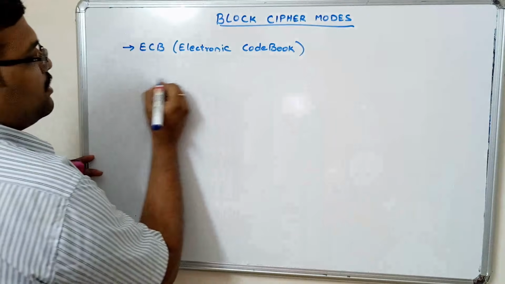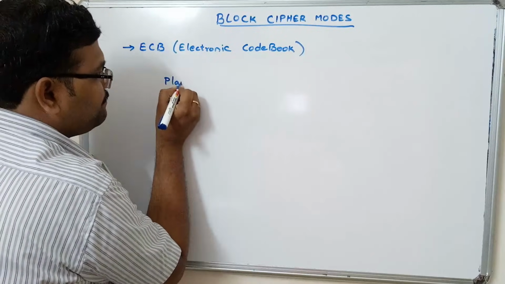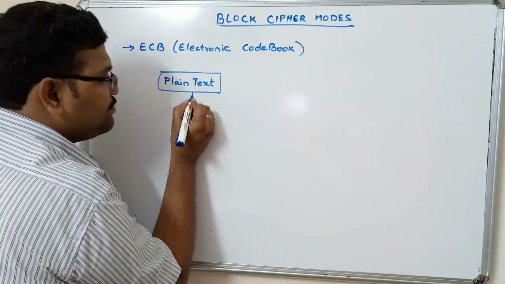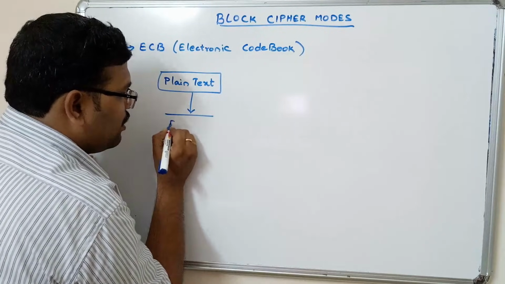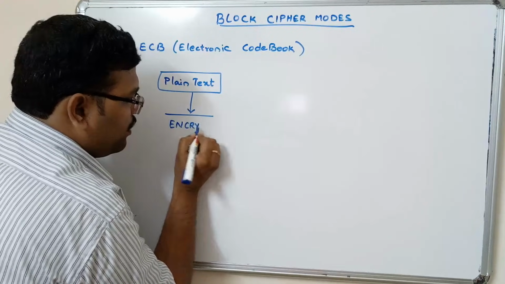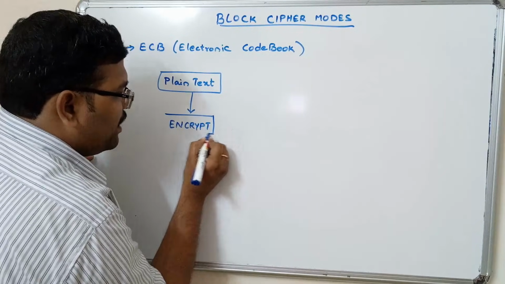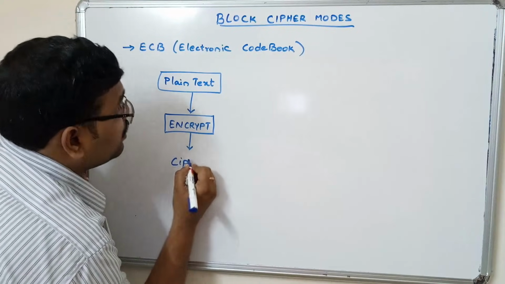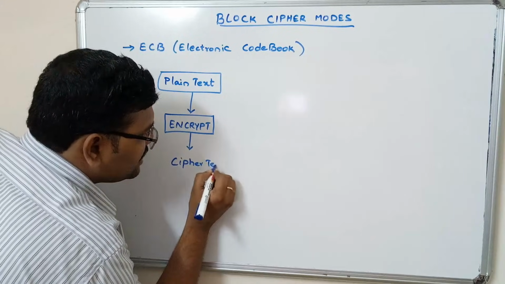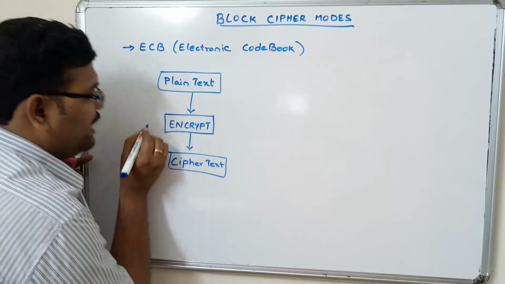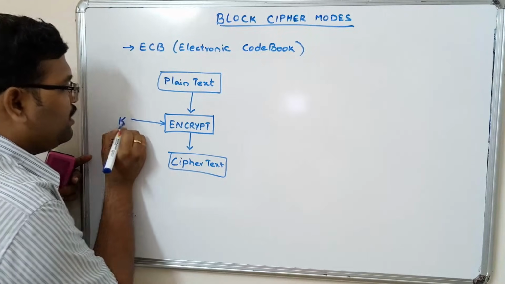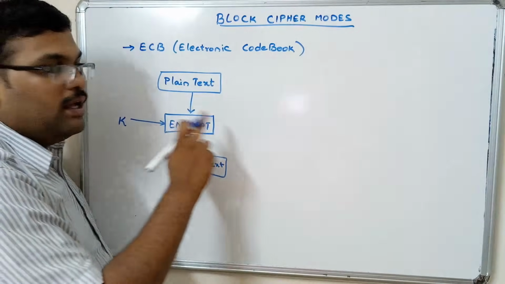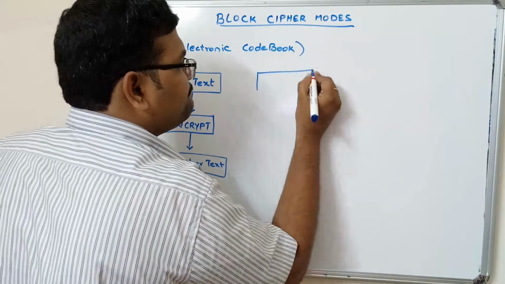This is a normal mode of operation which we follow in general. Here we will consider the plain text and apply the encryption algorithm. In the encryption algorithm we will apply the secret key.